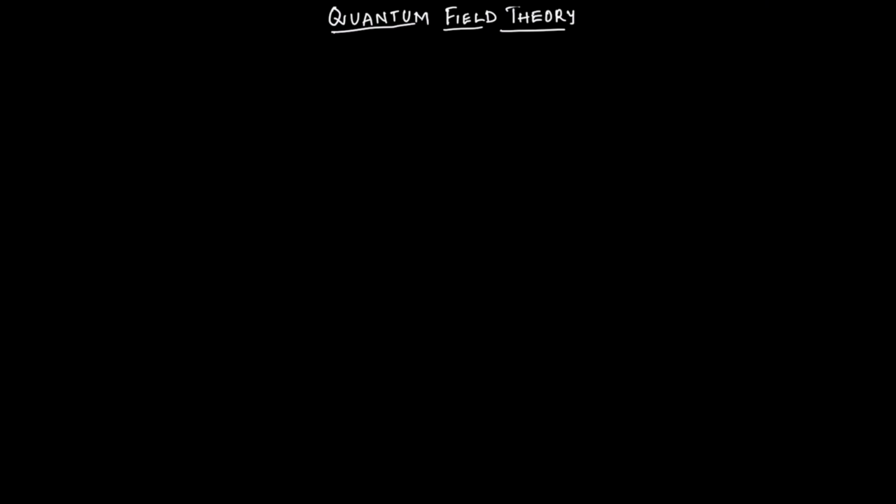In the previous class, we discussed the canonical quantization of a free scalar field theory, and we obtained the creation and annihilation operators in terms of the field and the canonical momentum.